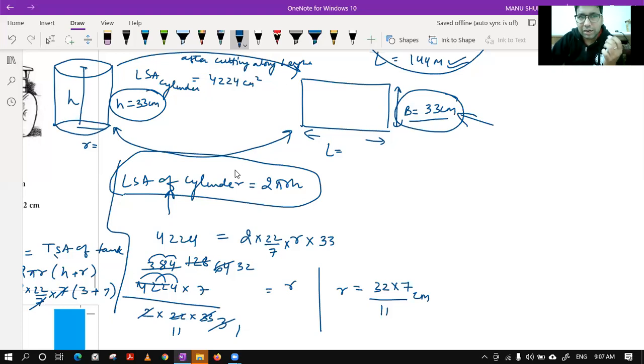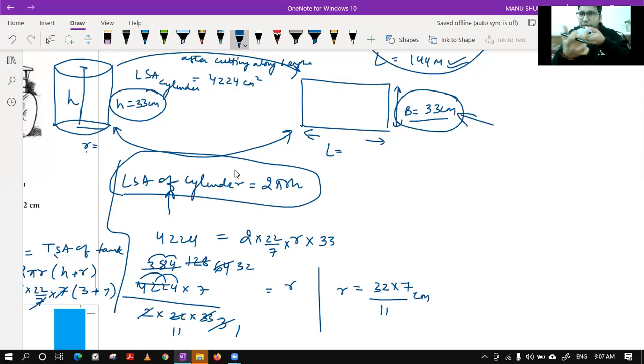What is the relation between r and l? Please see, this was the cylinder in front of you. When you cut it open, the height became the breadth. What about the radius? How will the radius be in relation with the length? When it opens, this is the length, and this is known as the circumference of the circle.